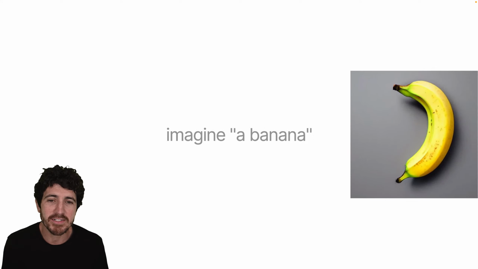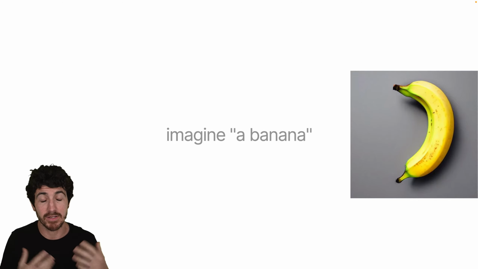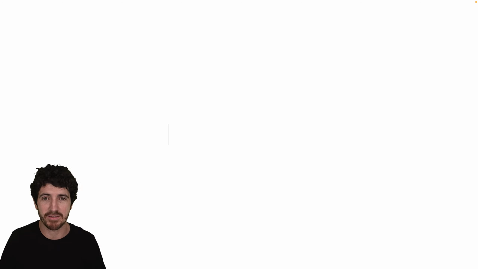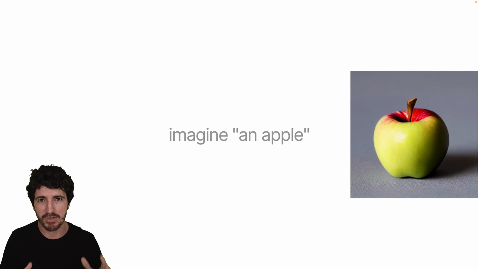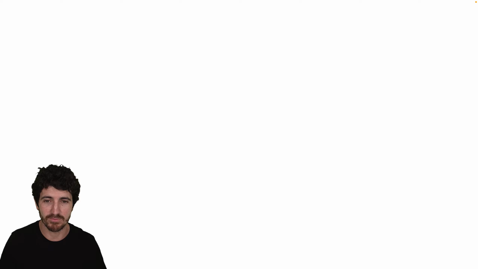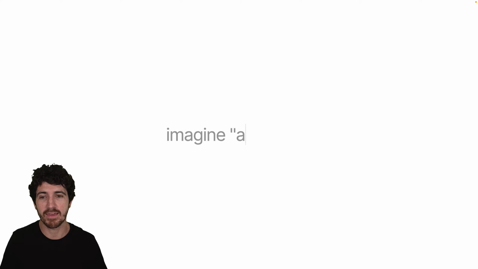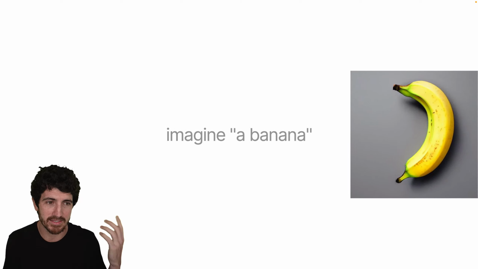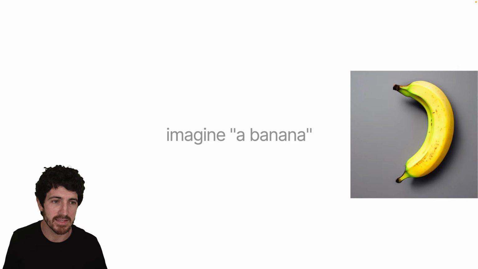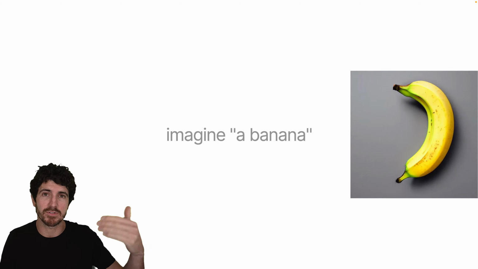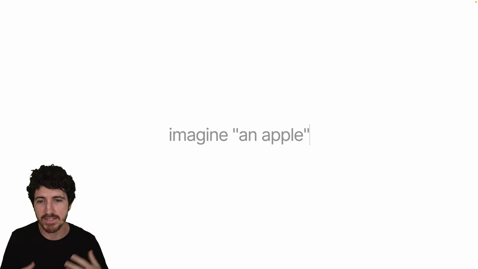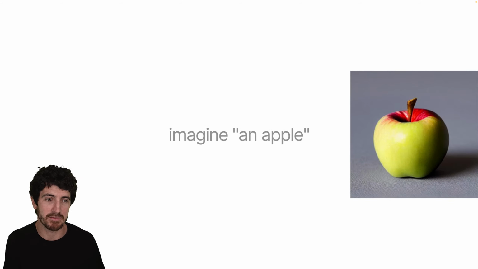Okay, so here's an example. If I say imagine a banana, it just gives us a banana. It's one of the simplest examples. And now if I say imagine an apple, it generates an image of an apple.